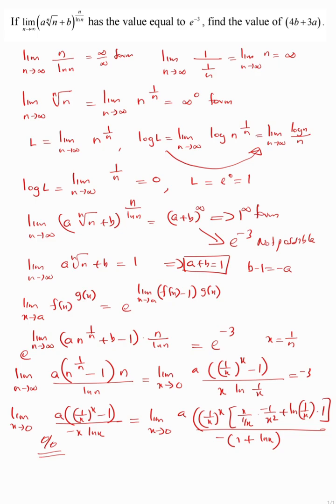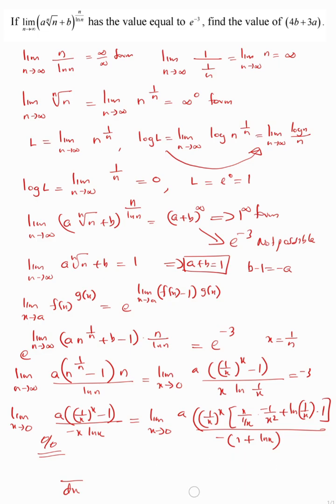Those students who don't know the derivative of 1 by x raised to x, I will tell the theory for that. D by dx of u power v is u power v into v by u into u dash plus log u into v dash. You can see u is 1 by x, v is x. So it is power by base into derivative of base, plus log of base into derivative of power. I used this.